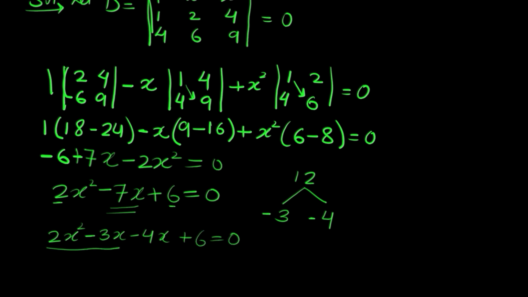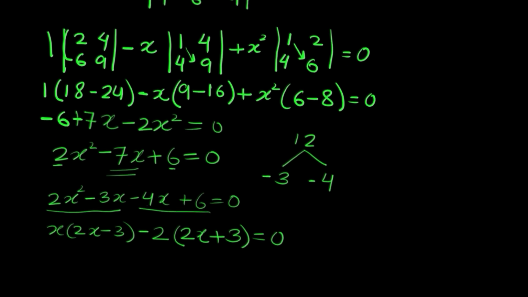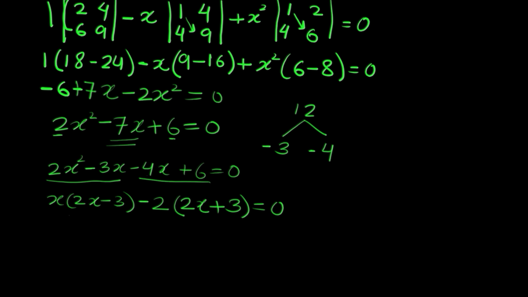Here x is common: x times (2x minus 3). Similarly, this bracket is the same. Here 2 is common: 2 times 2x minus 3, since 6 is a multiple of 2 times 3, equal to 0. Here 2x minus 3 is common in both.